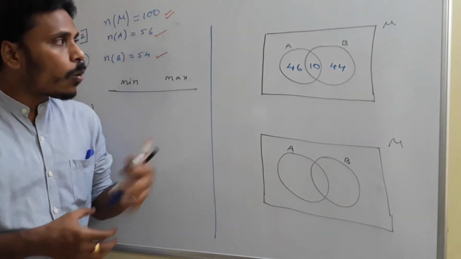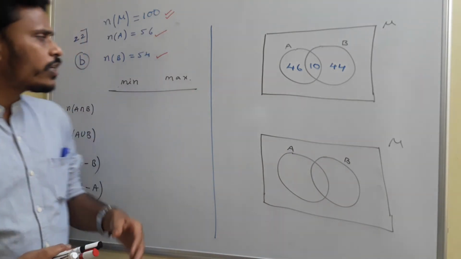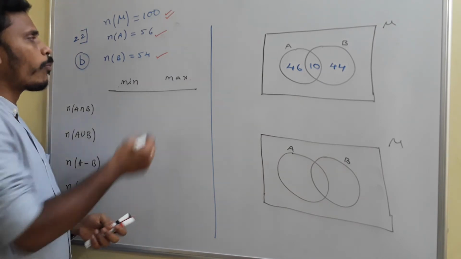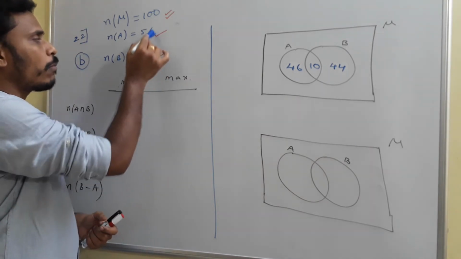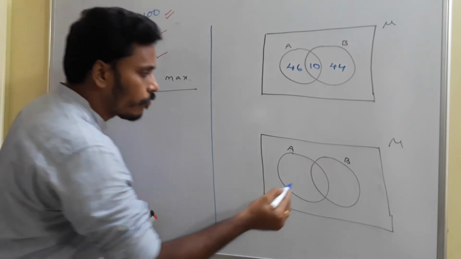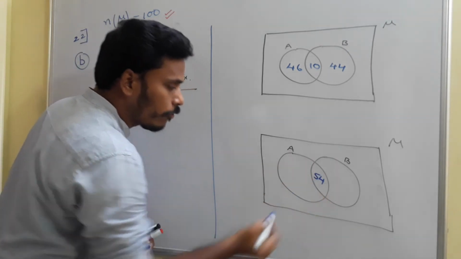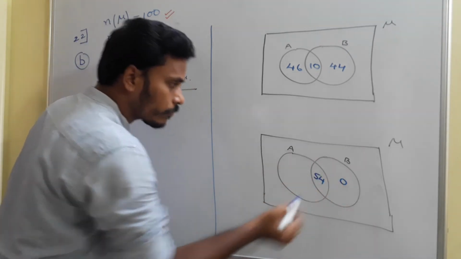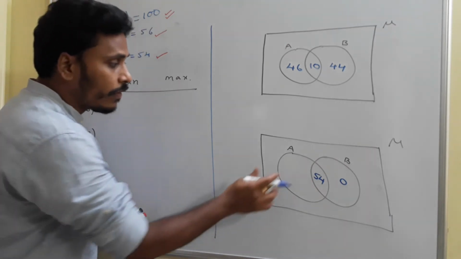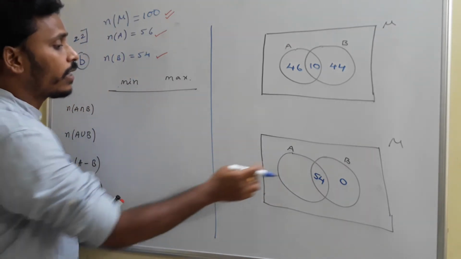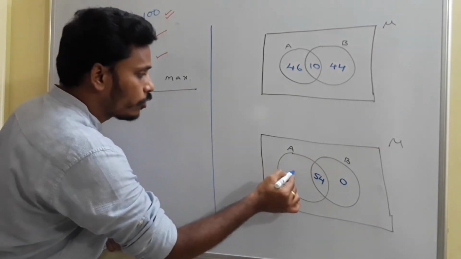Then what is the maximum possible value? As we discussed in the previous case, the maximum possible value is the minimum among these two numbers, and it is 54. So if you write 54 here and 0 here, then this value is 56 minus 54, so this value is 2.